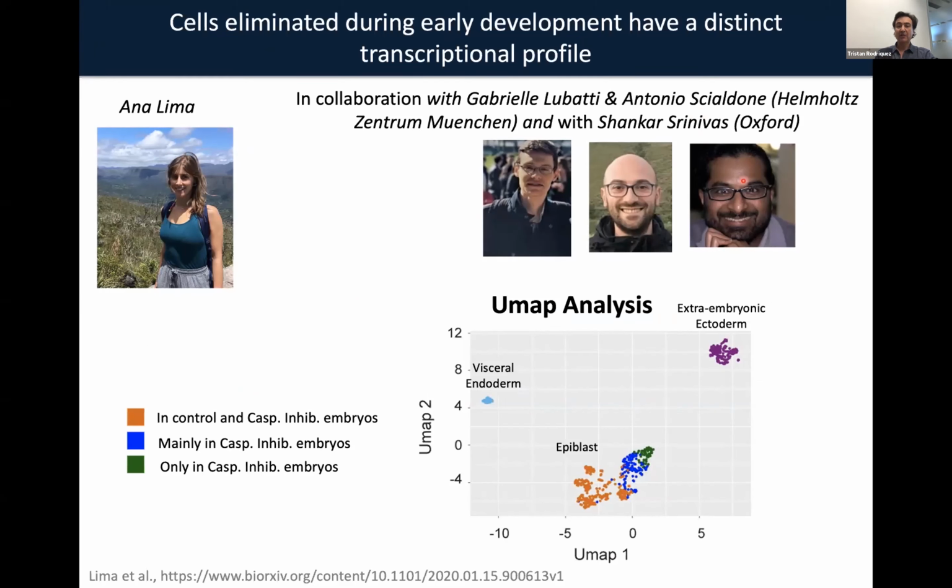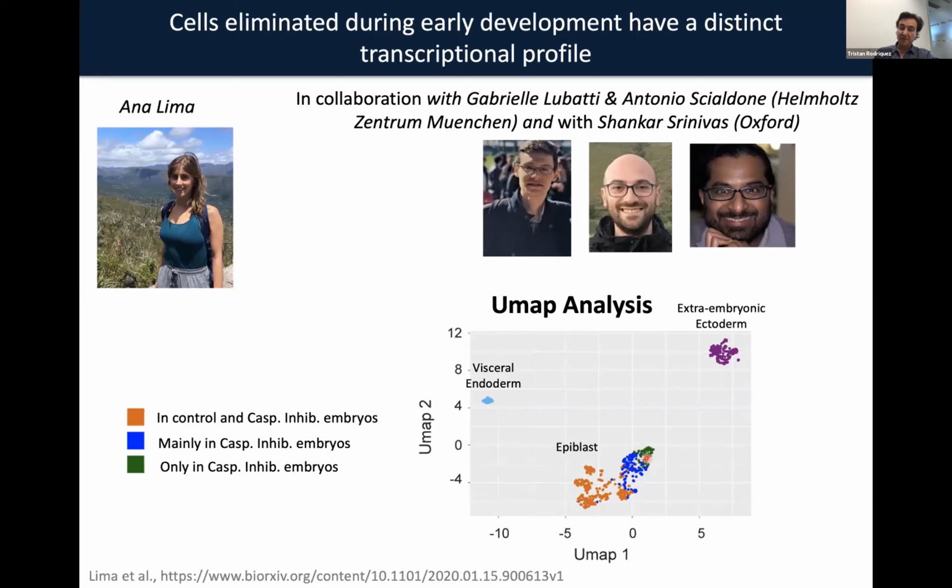When they analyzed the profile of the cells from embryos treated with a caspase inhibitor, in which apoptosis has been blocked, and clustered them according to their identity, they identified that in caspase inhibitor treated embryos, in addition to the cell clusters you can find in a normal embryo, corresponding to the extraembryonic tissues, the extraembryonic ectoderm and the visceral endoderm, as well as the embryonic tissue of the epiblast, two new clusters of cells, depicted here in green and in blue, appeared. These were specific to the caspase inhibitor treated embryos.